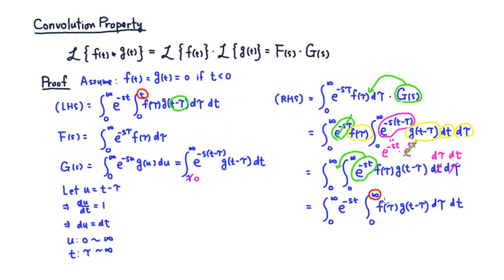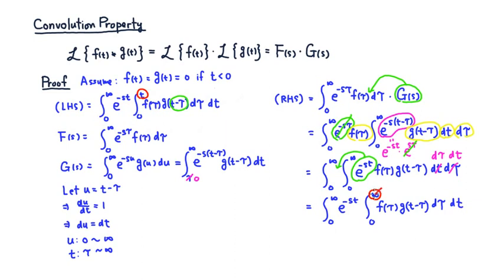Here, if you pay attention, since g is going to be 0 when you plug in a negative value, you can see that if tau exceeds t, the argument is going to be negative. So g is going to be 0. Beyond t, it's not going to give you anything, it's always 0.